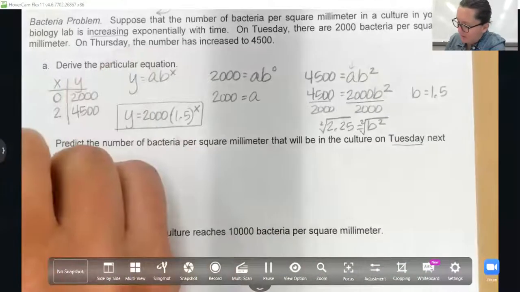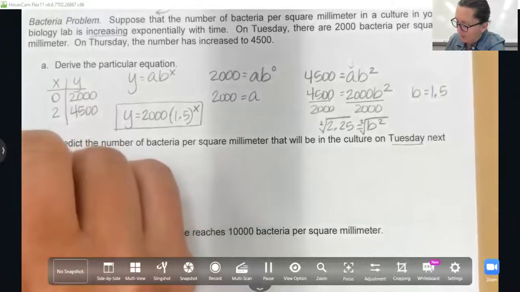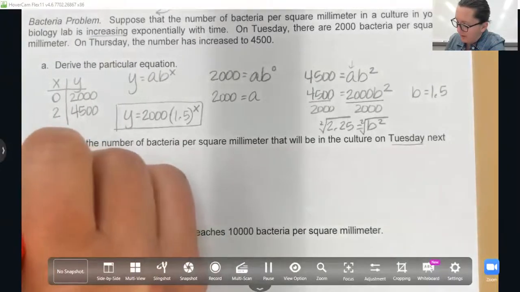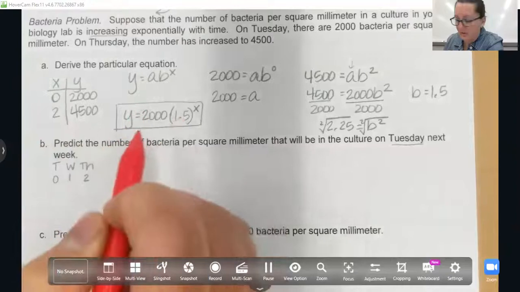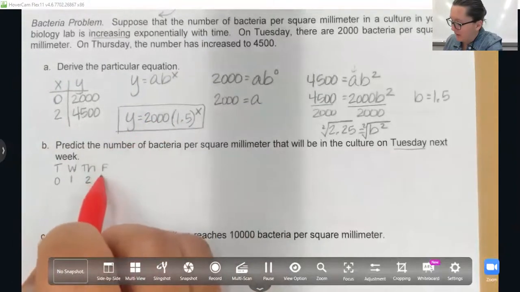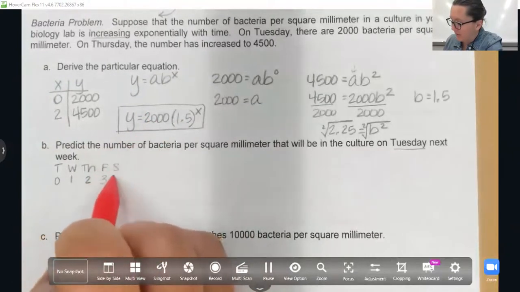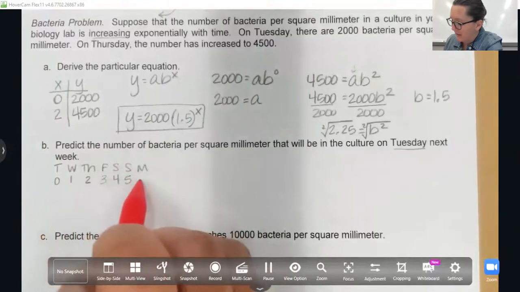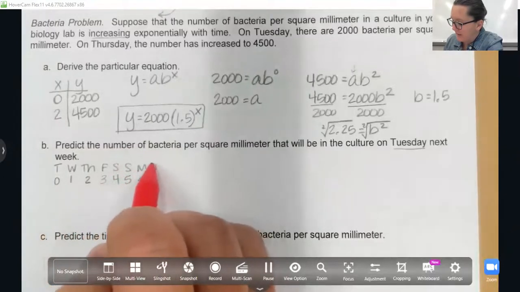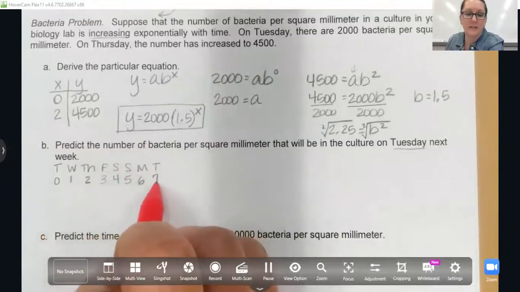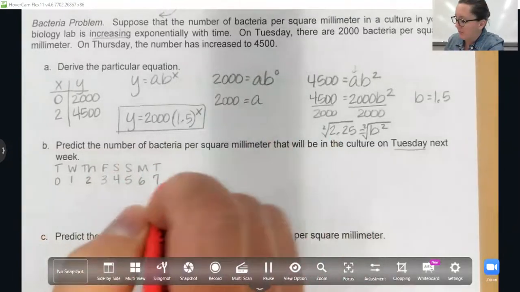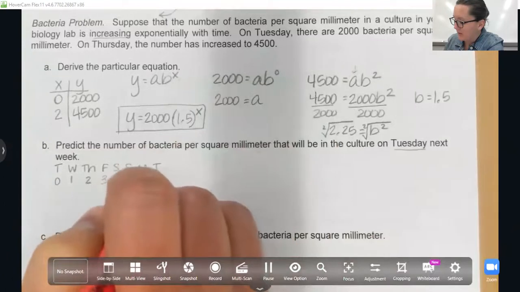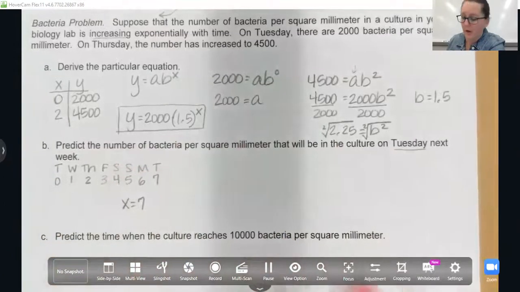If Tuesday was 0, Wednesday was 1, Thursday is 2, Friday is 3, Saturday is 4, Sunday is 5, Monday is 6, and then the next Tuesday is the 7th day. So that means that when x equals 7, what is y?